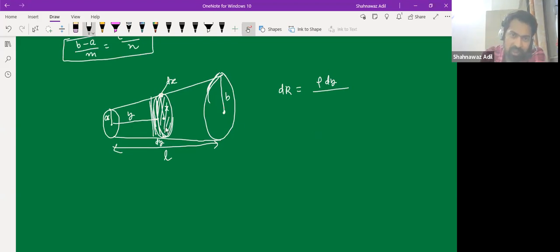This is the cross sectional area, a circular area, pi x square. So rho L by A. The area of cross section is pi x square, because this is circular.